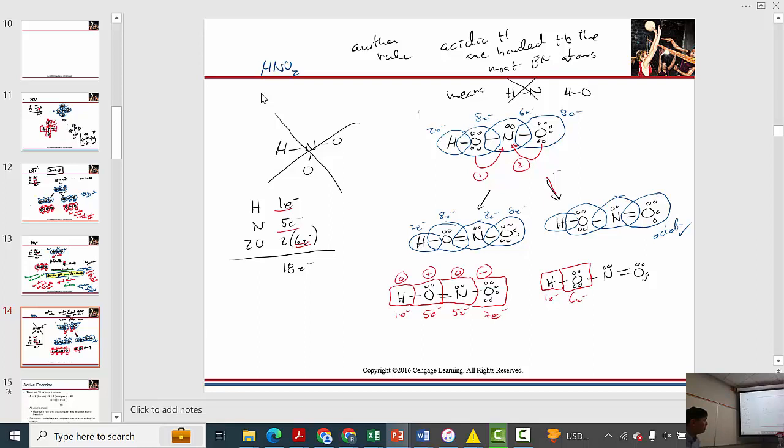This is 6 electrons. Comes out to 5 electrons. And this comes out to 6 electrons. So all the formal charges are 0. Normally we don't show 0 formal charges, so I'm not going to bother drawing the zeros and circling them.